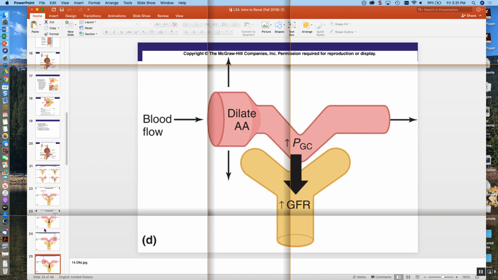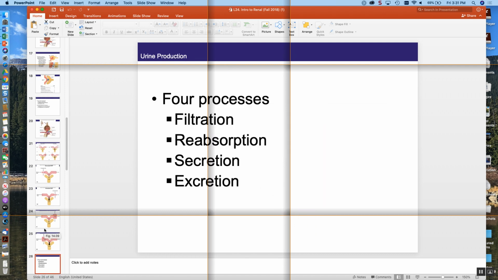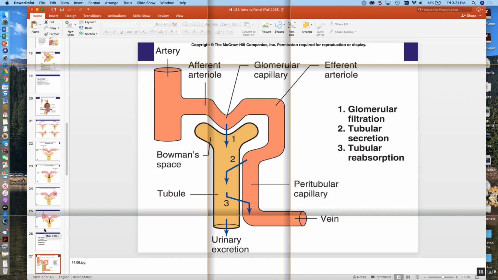Okay, and then if you dilate the afferent arterioles, you're going to bring more blood into the glomerular capillaries. It's going to increase the hydrostatic pressure in the glomerular capillaries and increase glomerular filtration rate. Pretty good? Okay, so there's a question or two about this. Just letting you know, right? I really want you guys to know this material, so that's why we're going through it again.